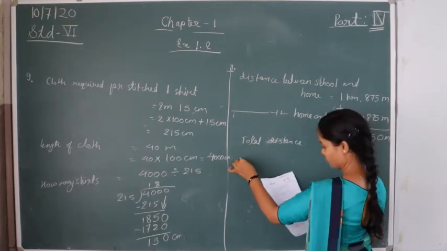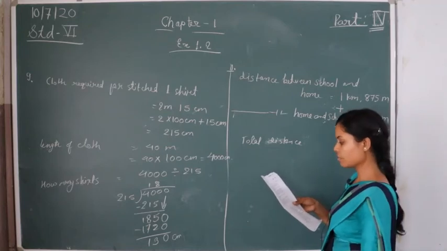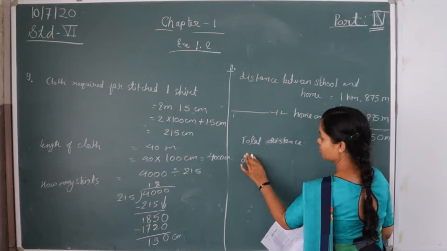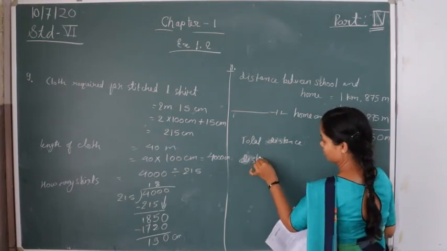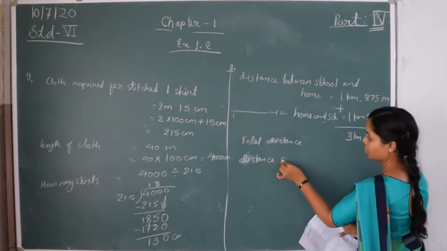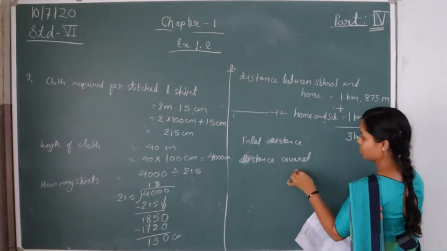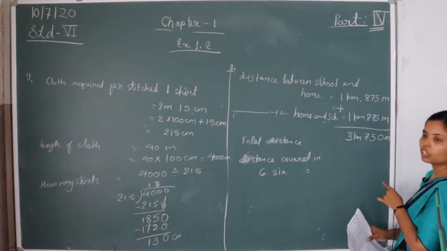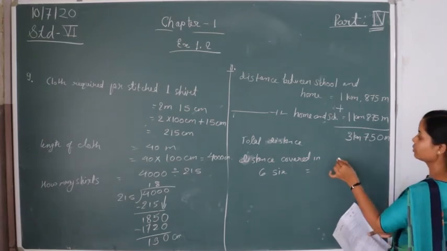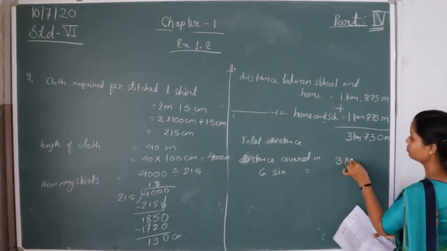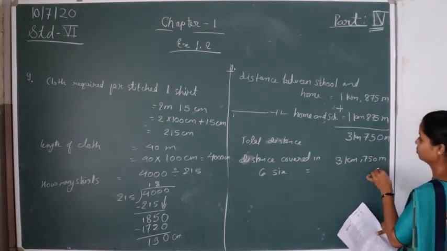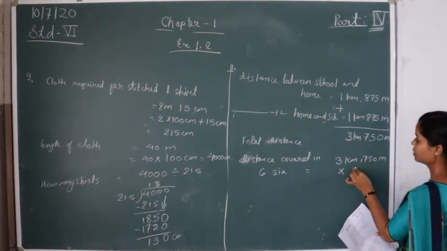Now we will find the total distance covered by her in 6 days. For finding this, what do we do? We multiply by 6.